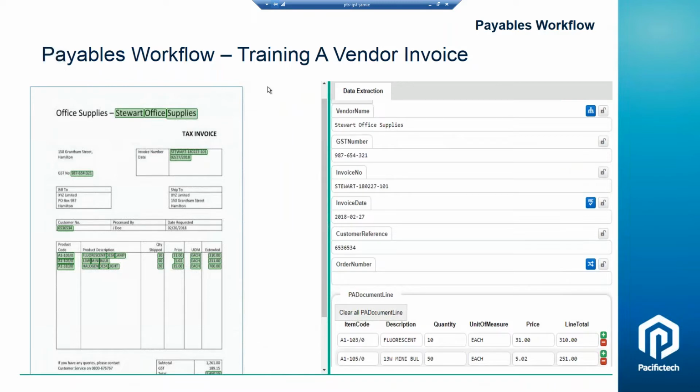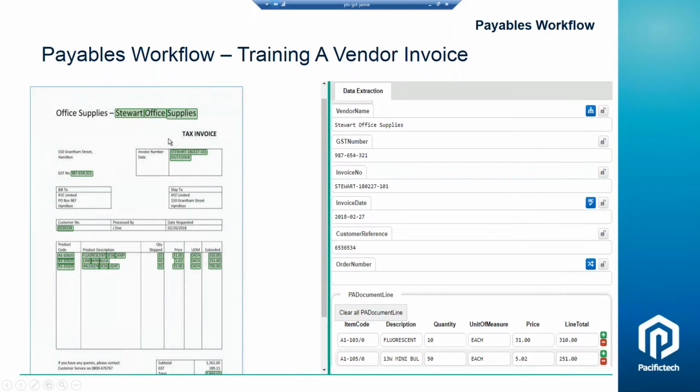And so now with the automated data capture, we'll do a demo shortly, but this is just a screenshot of how you capture an invoice, how you train a vendor on an invoice. When you send an invoice into the system, you need to train each vendor for 5 invoices. When you send it in, the system will pick up quite a lot of the fields.